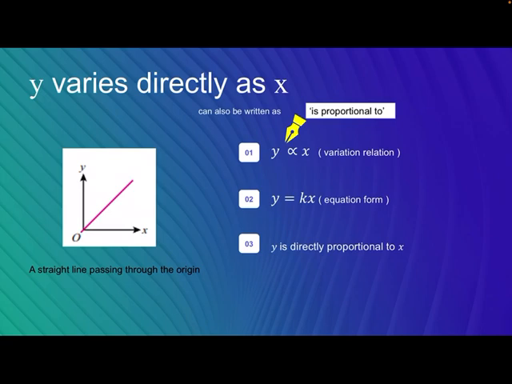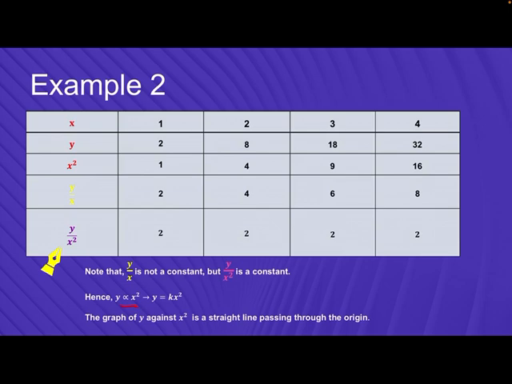So if we look at example 2 just now, y equals kx squared, the graph of y against x squared is a straight line passing through the origin.